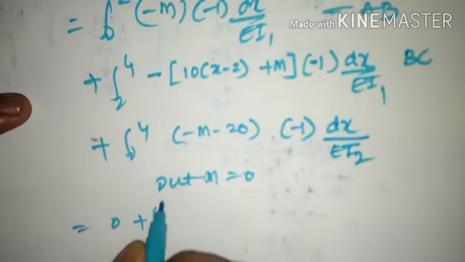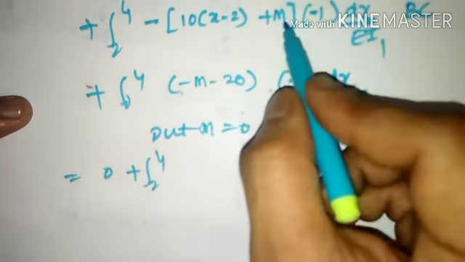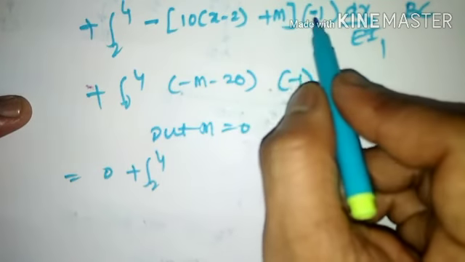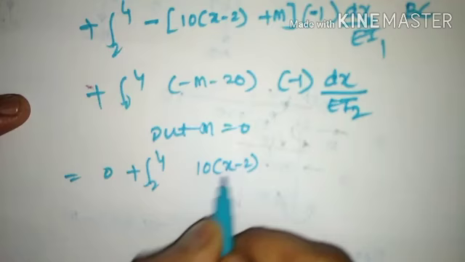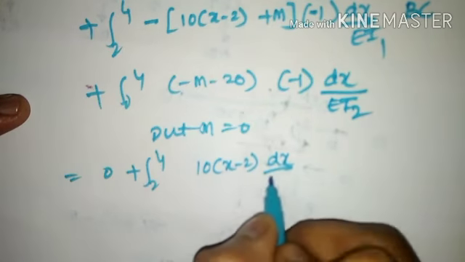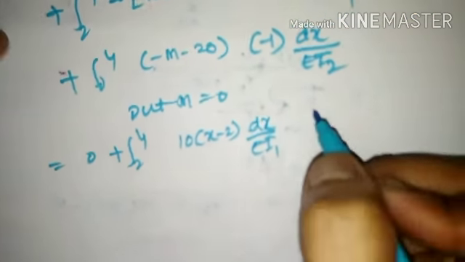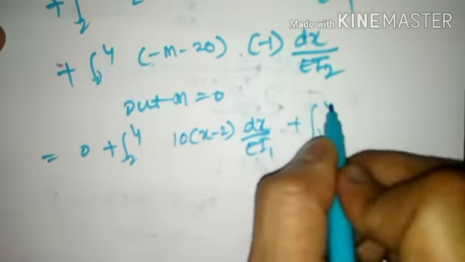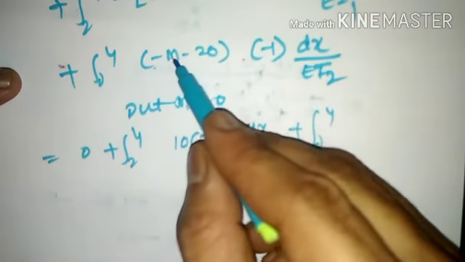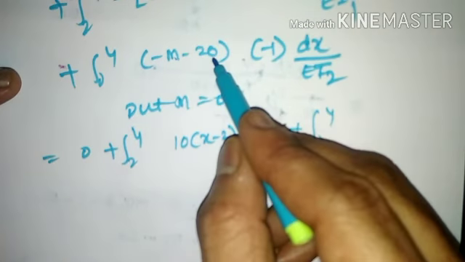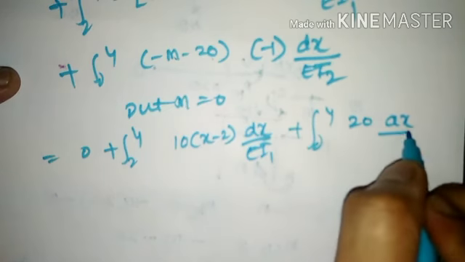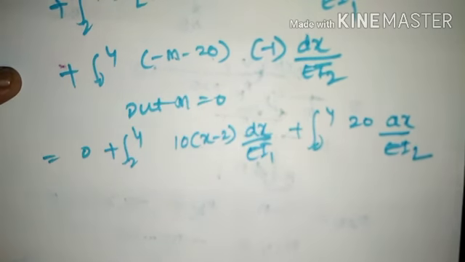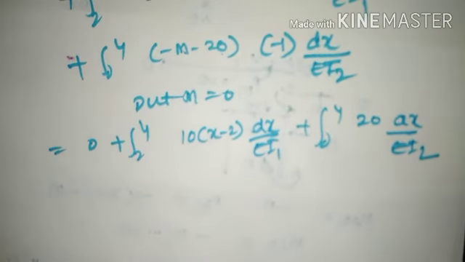The second term 2 to 4 will be kept as it is, minus into minus will become plus, so 10 into x minus of 2 dx divided by EI1. Then for 0 to 4, if I put m as 0 here, it will be minus of 20 into minus of 1, which will be plus of 20 dx divided by EI2. So this will be the expression that we are going to get.